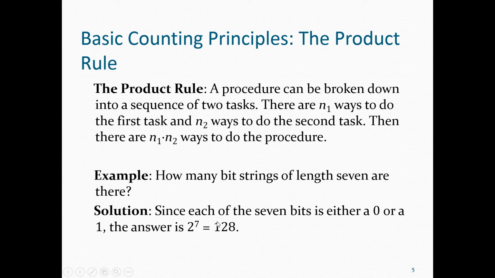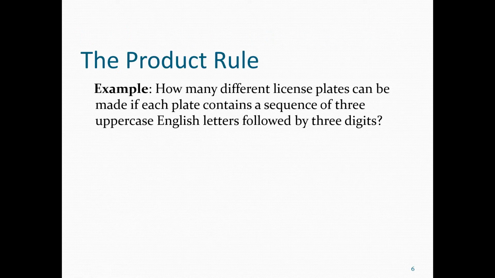Each of the 7 bits is either a 0 or a 1, so for every bit we have two choices. The total number of choices is 2 multiplied by 2, 7 times. So 2 to the power 7, that is 128. This is the use of the product rule in counting.